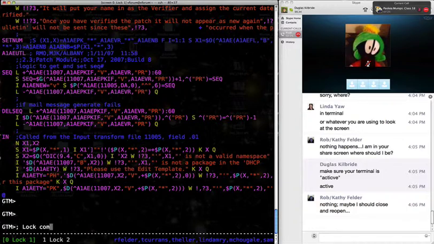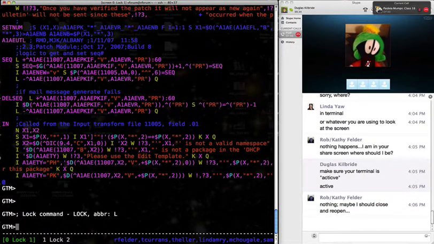So the first thing to know about the lock command: it's called lock, upper or lowercase doesn't matter, and its abbreviation is just an L. The way it works is as follows. It functions as a signaling mechanism.